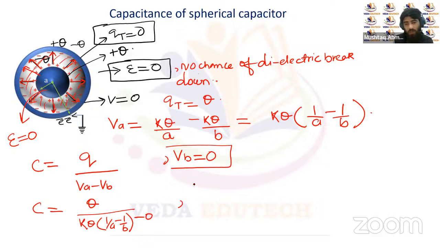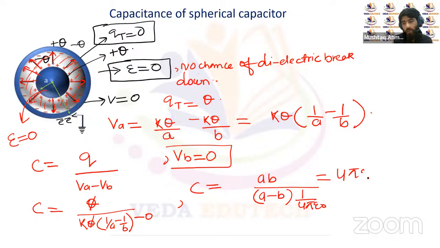We can cancel out Q and Q here, so C will be equal to AB upon A minus B, with a factor of K, which we can write as 1 upon 4 pi epsilon naught. That will be equal to 4 pi epsilon naught AB upon A minus B.